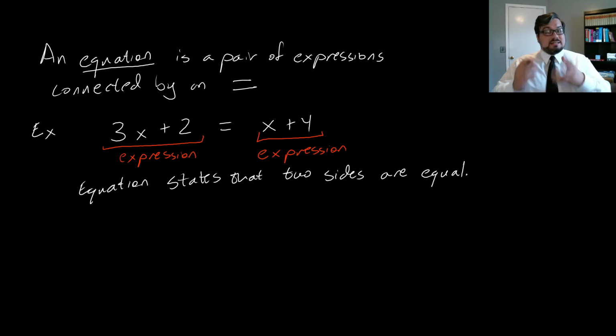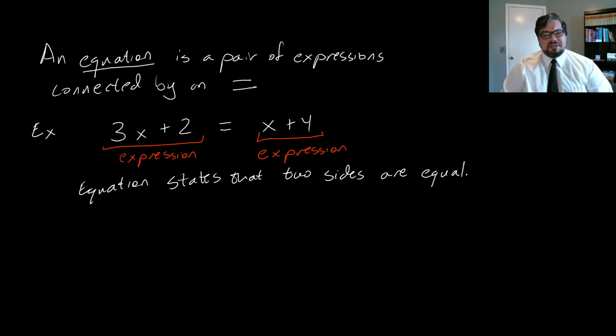An equation states that this expression and this expression are, in fact, the same. Now, as soon as we have a statement, that statement could be either true or false. And what we find is that most equations are going to be true some of the time, and they're not going to be true other times, depending on the value of the variable here.